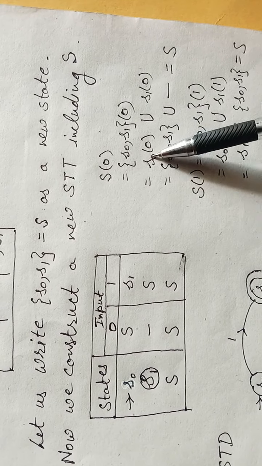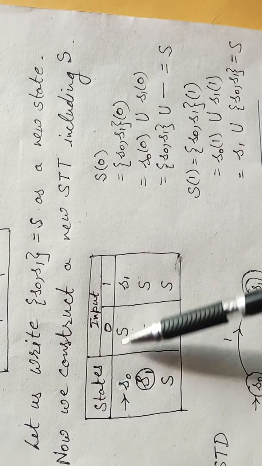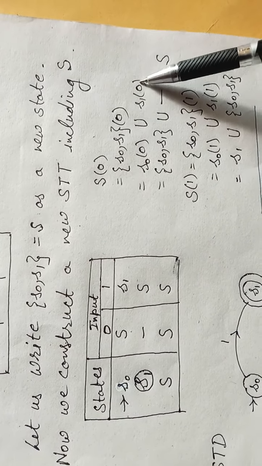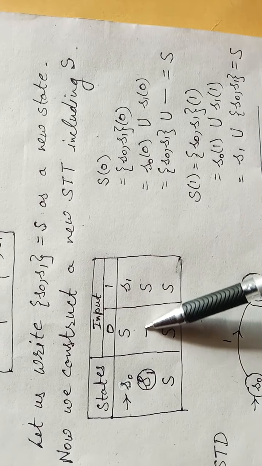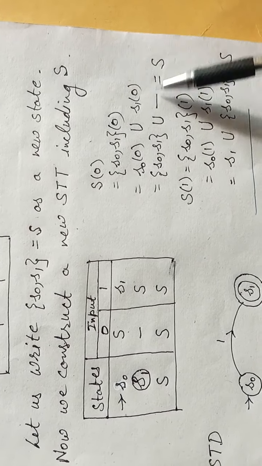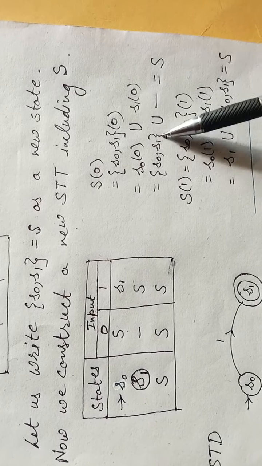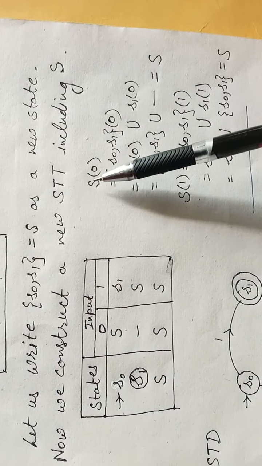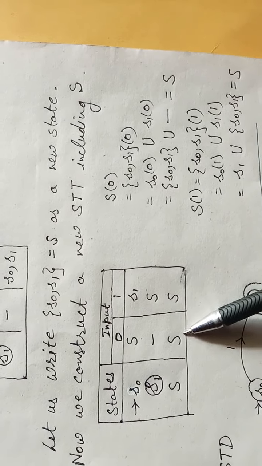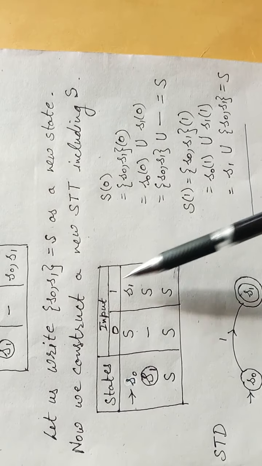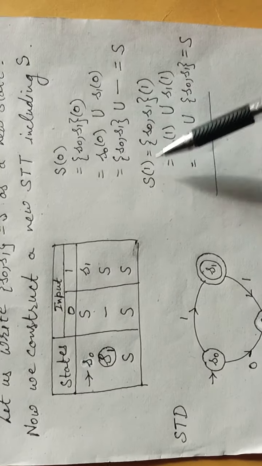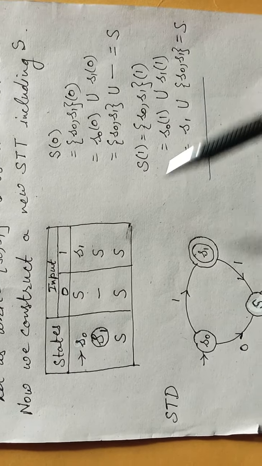S0 with 0 input is again capital S, and S1 with 0 input is nothing, so put a dash. Now their union means again capital S. So the transition is S to S with 0 input, so I wrote here S. Similarly, the transition of capital S with 1 input is again S.